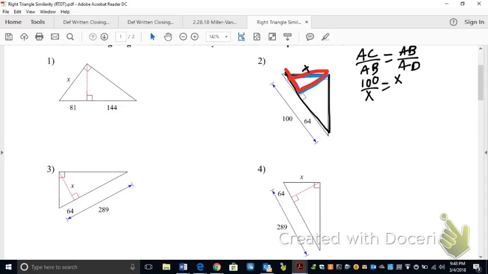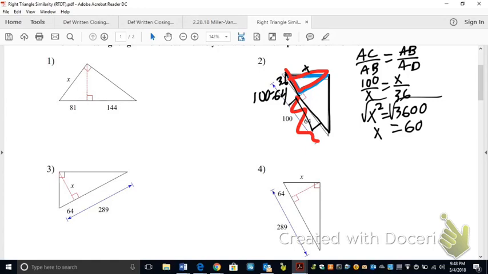We're not actually given what AD is, but we're smart, we can figure it out. We know that from here to here is 64. So we know that the remainder of that is 100 minus 64, or 36. Cross multiply, we get x squared equals 3600. Square root, we get x equals 60.